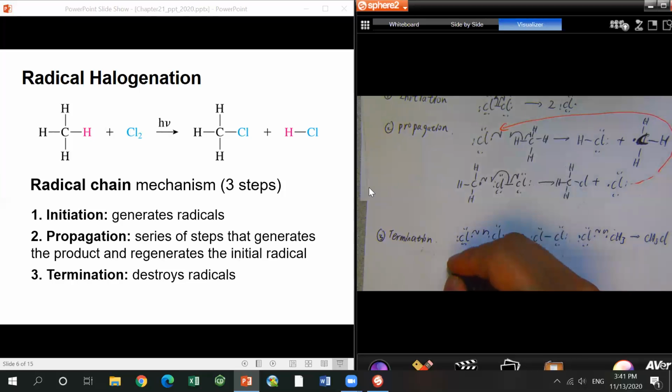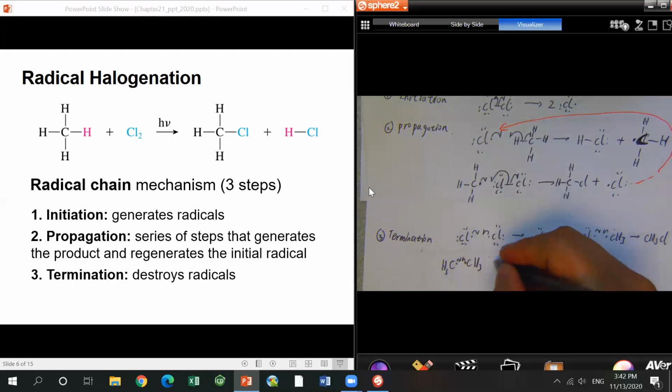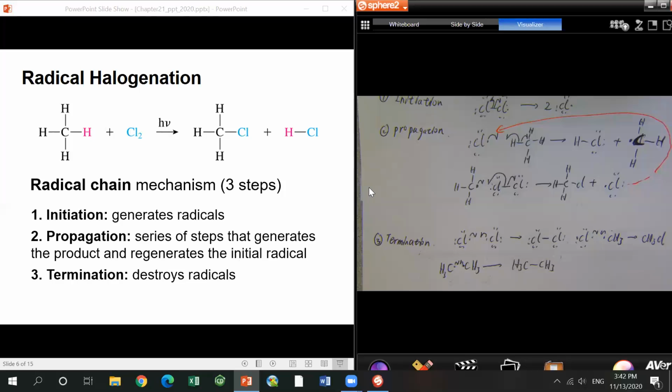We draw it probably this way. They meet each other, and then we generate ethane. Each contributes one electron. So in the termination step, all radicals are gone.